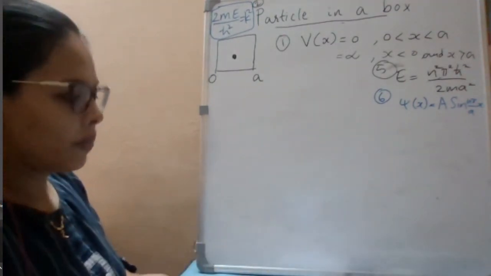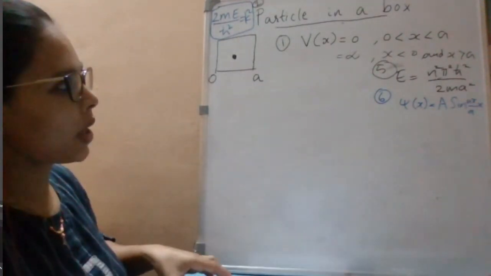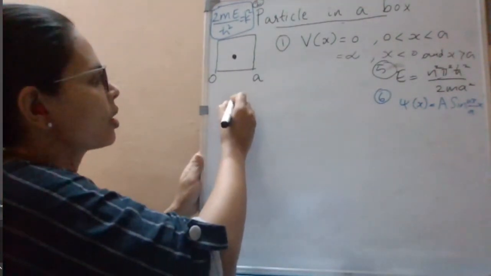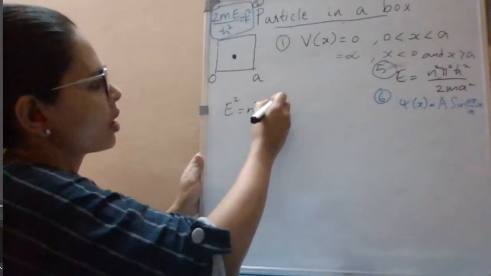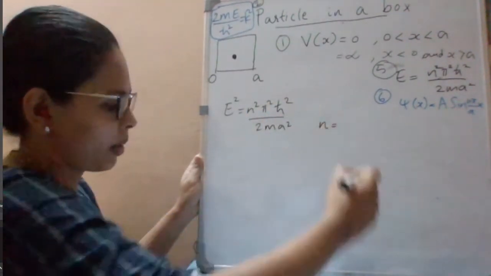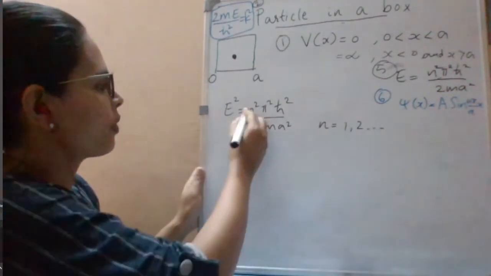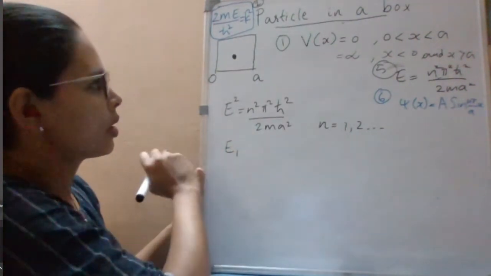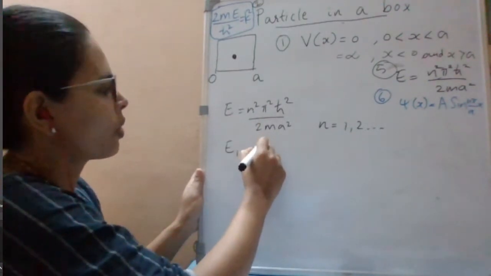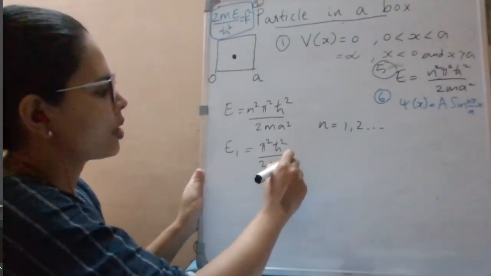Now let me find out the possible values of energy. The possible energy values can be determined by giving the values of n. E is n square pi square h cut square by 2ma square. Give n from 1 to 3. If n is equal to 1, E1 is 1 square pi square h cut square by 2ma square.